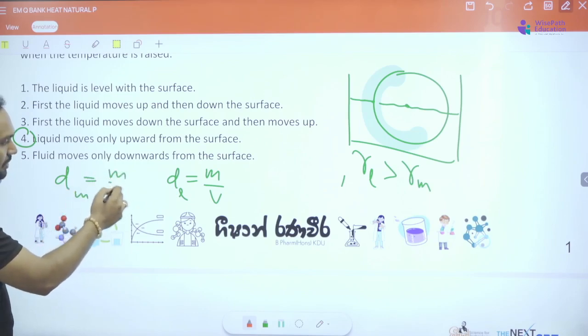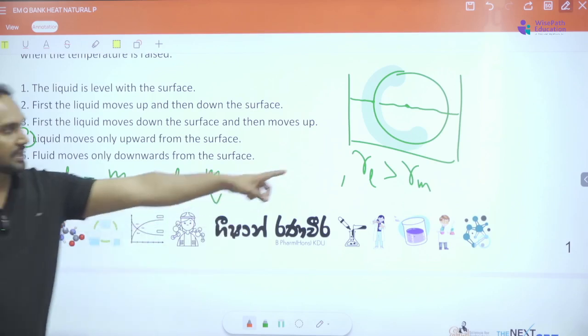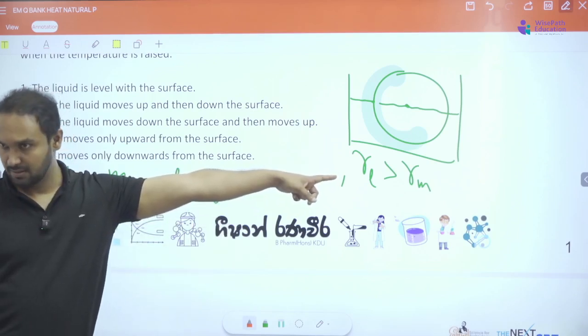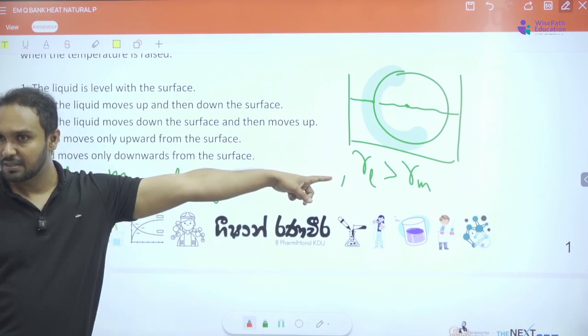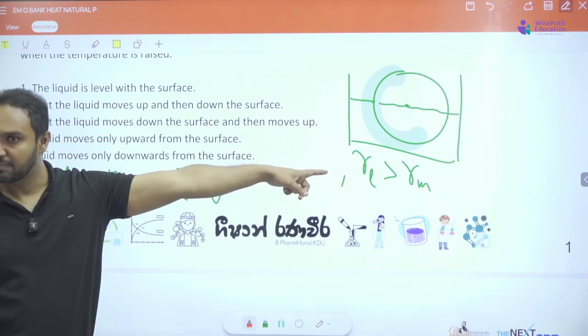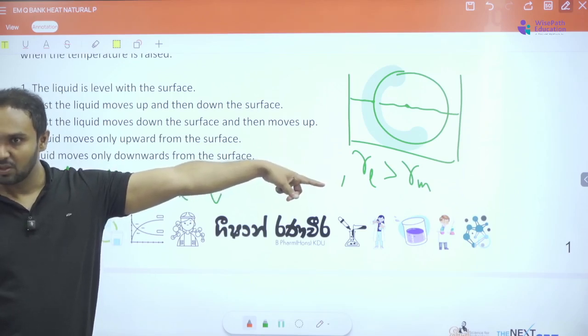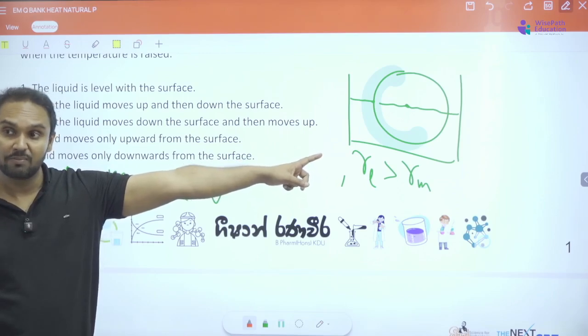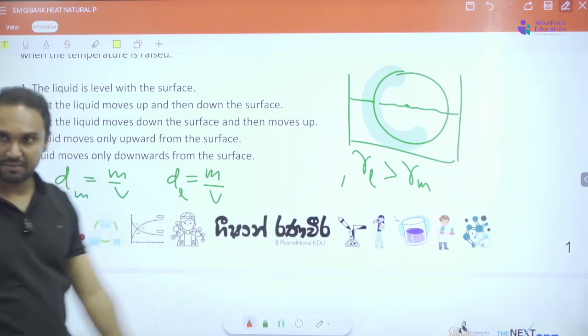So mass over volume. Now as per this one, the volume expansion of the liquid is high and the volume expansion of the metal is low. So a high amount of volume will expand in the liquid.